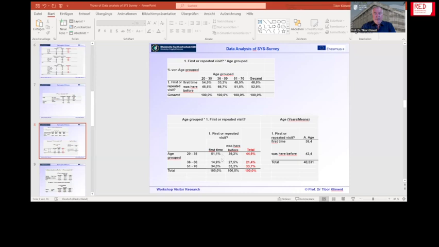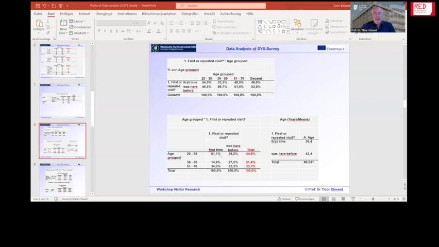And here we see more clearly that first-time visitors are basically young. 51% are between 20 and 35. The next age group here, it's only 15%, 36 to 50. And here, the oldest group is roughly about 1/3.